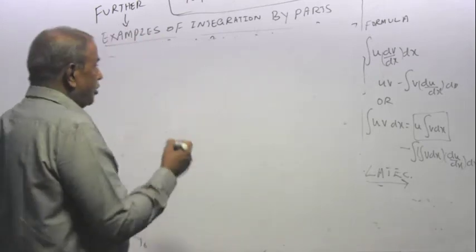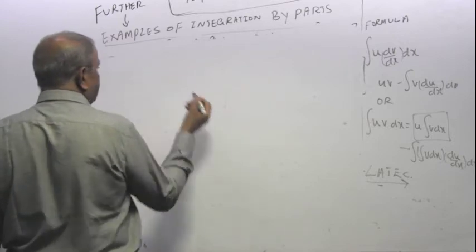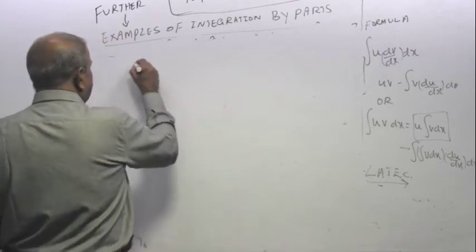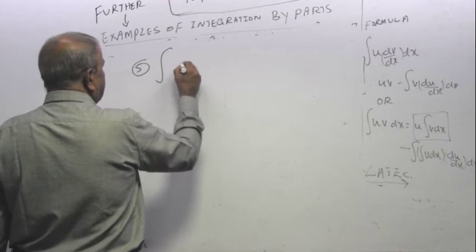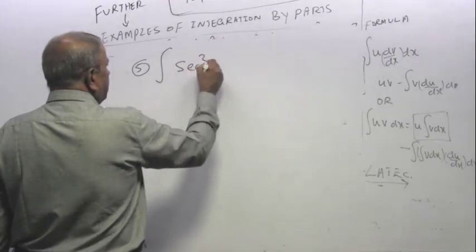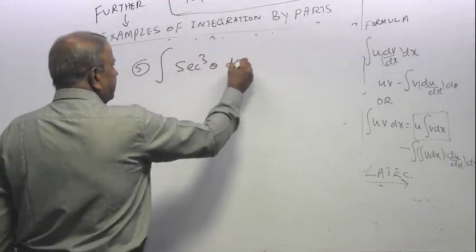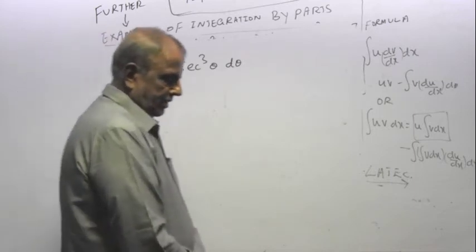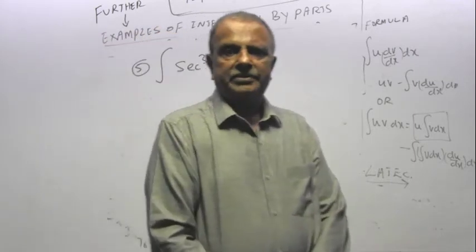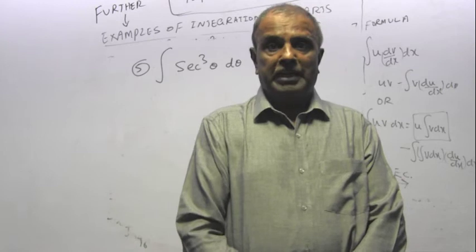Why? I'm taking an odd power. For example, integral sec cube theta d theta. I can't integrate it. We use the same reduction method.